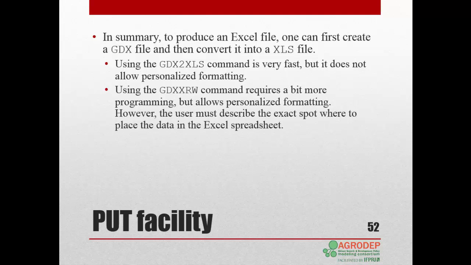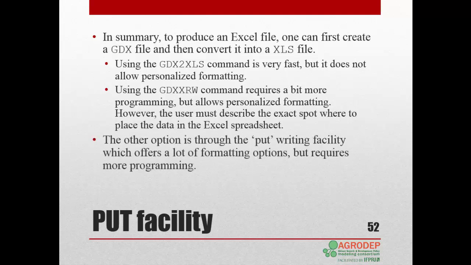However, the user must be precise when specifying the location where to export the data in the Excel spreadsheet. Another option is to use the put writing facility, which offers several formatting options but requires more programming.